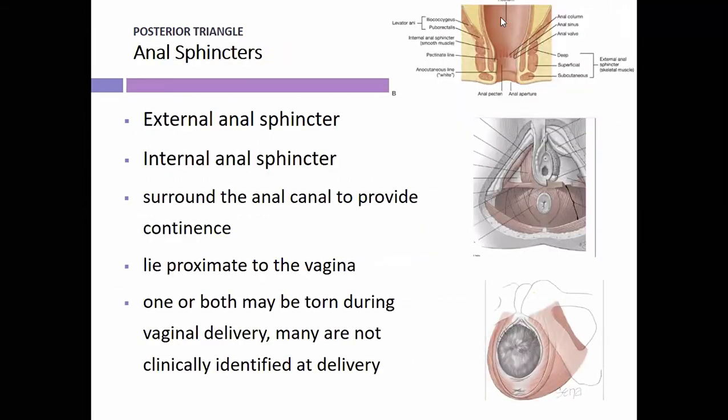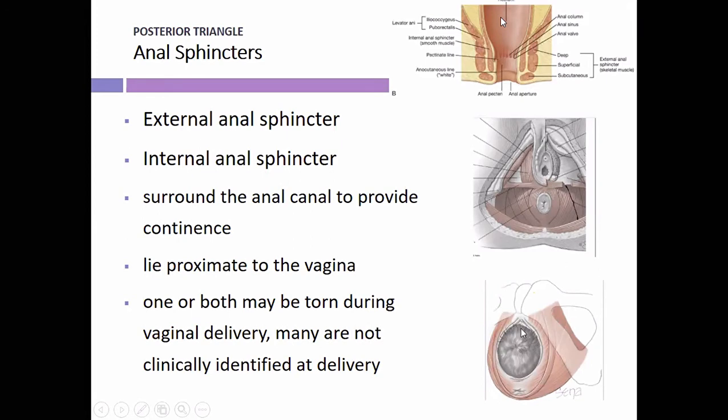Another structure in the posterior triangle is the anal sphincter. So if this is the anal canal, this is surrounded by muscles which we call the sphincter. So this is the internal anal sphincter. This is the external anal sphincter. And remember, this is the anus, and this is the vaginal opening.